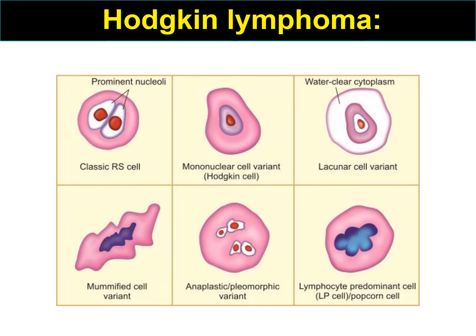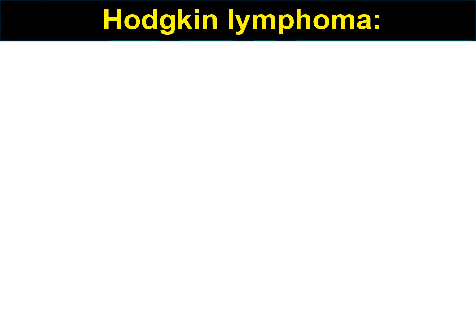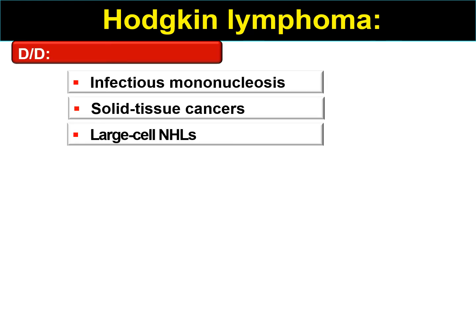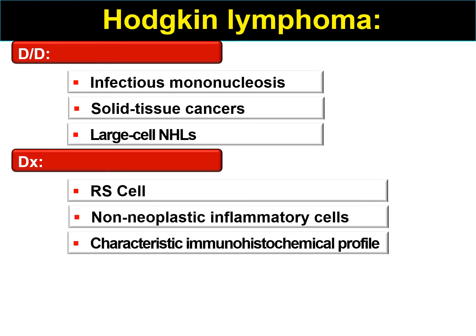This illustration is summarizing the various types of Reed-Sternberg cell we have just discussed. Reed-Sternberg type of cells are also present in infectious mononucleosis, solid tissue tumors, and large cell non-Hodgkin lymphomas. So they should be differentiated from these entities.